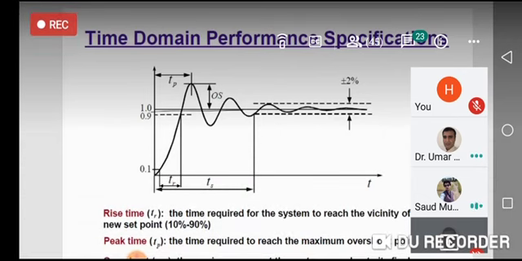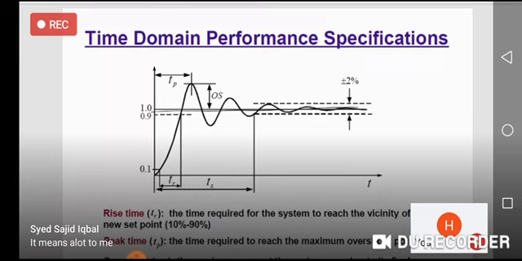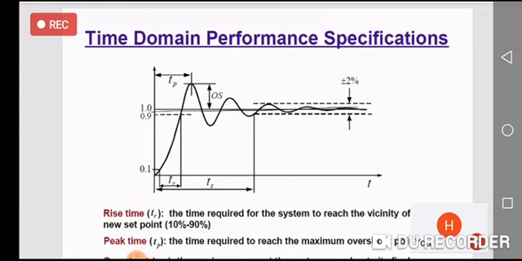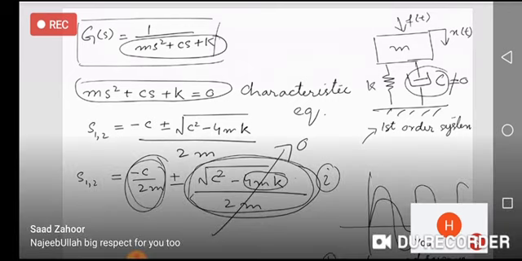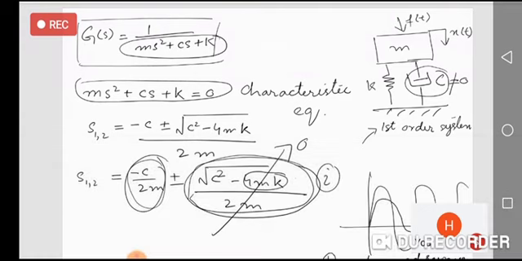Sir, what if our roots are real numbers, then we won't have any response? If we have real roots, that means that this whole square root part is equal to 0, leaving only this part. This is the condition of critical damping, in which case we will have a response, but it will be a critically damped response.